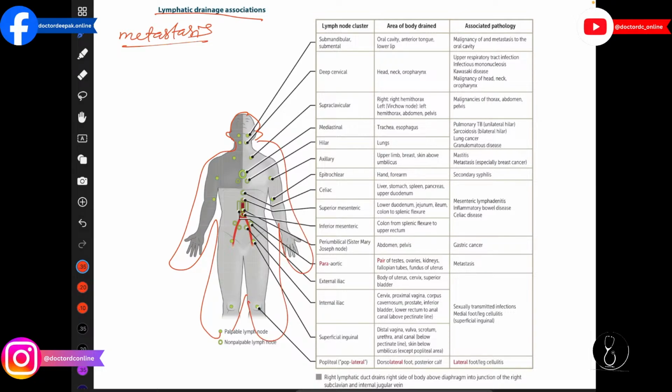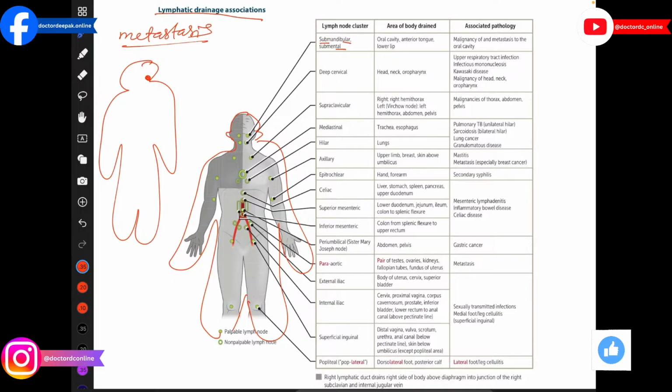First, you have to touch your mandible bone. Below the mandible, there will be the submandibular or submental lymph nodes. If you come below this, there is the cervical area, and any lymph node present in the cervical area will be deep cervical lymph nodes.